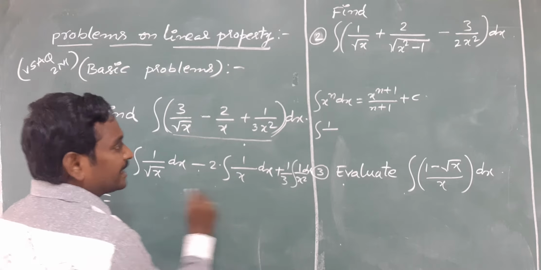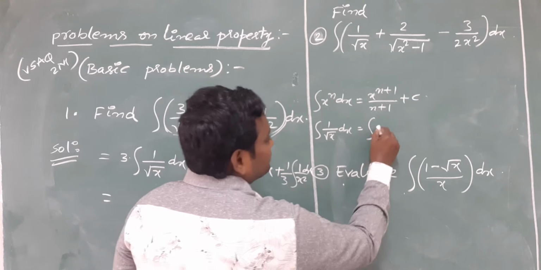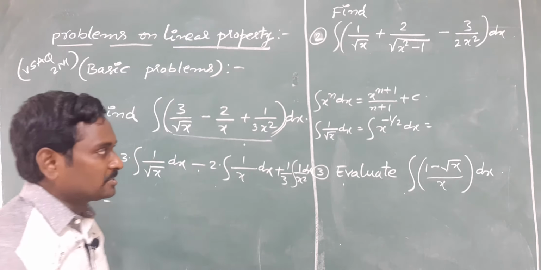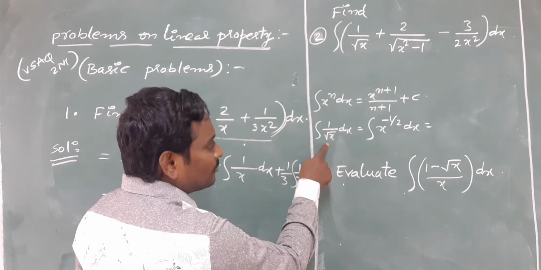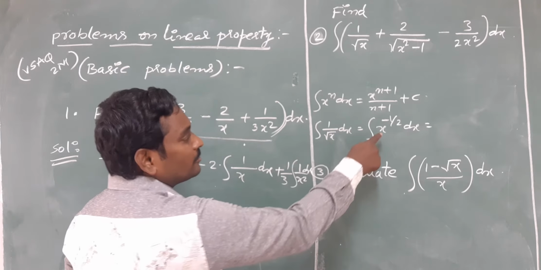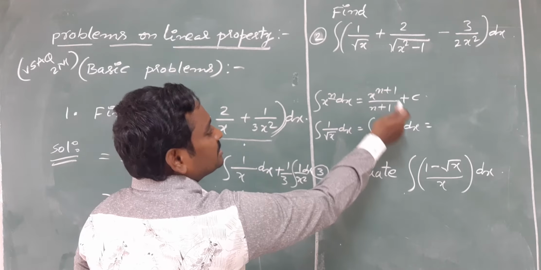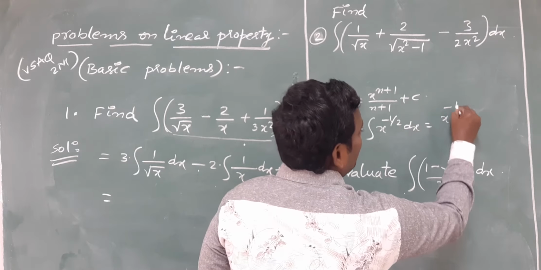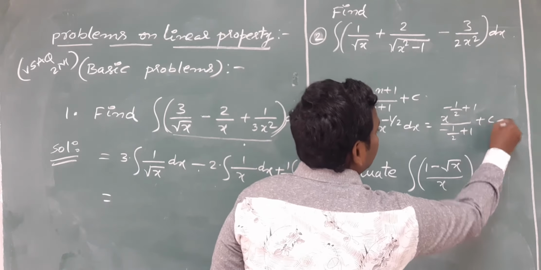Actually here we have 1 by root x. 1 by root x is nothing but integral x power minus 1 by 2, because root x is nothing but x power 1 by 2. 1 by x power 1 by 2 can be written as x power minus 1 by 2 dx. Take the denominator to numerator, you will get this term. Now replace in this formula whenever we have n, which is minus 1 by 2. So x power minus 1 by 2 plus 1 by minus 1 by 2 plus 1 plus c.